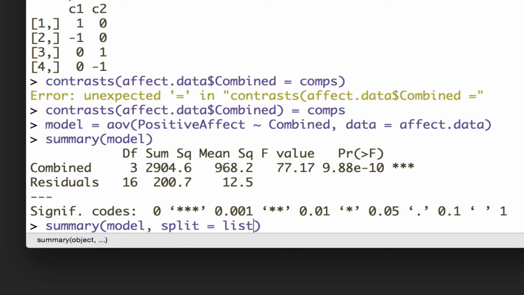And what I want it to list it according to is the different tests we've asked you to do on this combined factor. So we're going to say combined. And it's going to say, well, there are a number of things in the combined object, but I don't know how to display them. So we're going to say, we don't need to display those in a list.